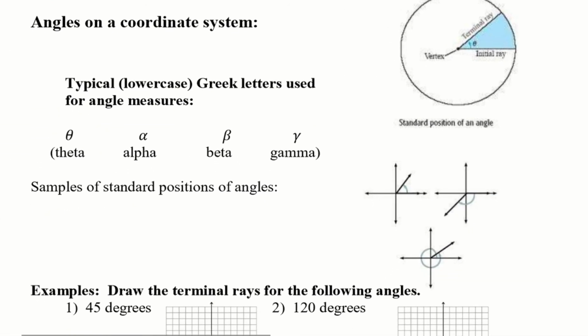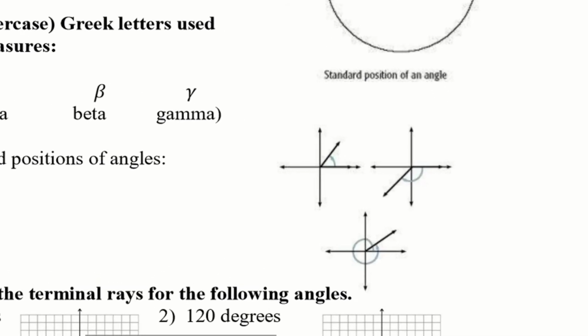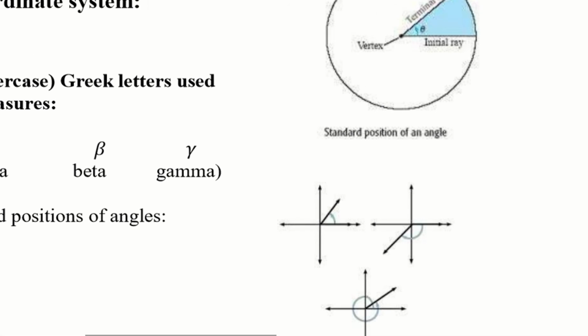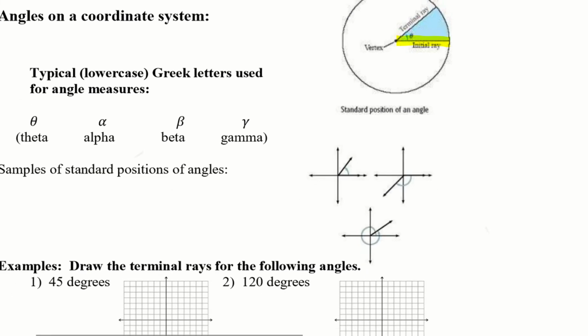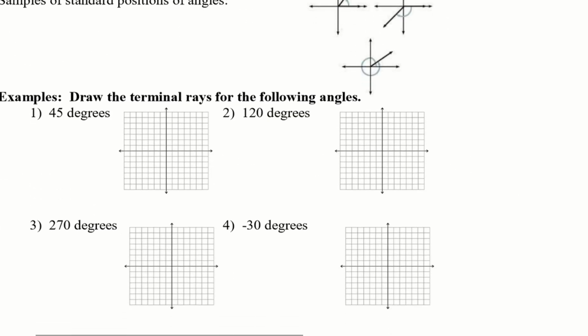So some sample standard positions, we have them here, and as you can see, this bottom one is going all the way around and back over. And so the initial ray, that's right here, that one is always going to be in that position. So when we talk about angles, the initial ray will always be along the x-axis, because we have this coordinate system, we have the unit circle on it.